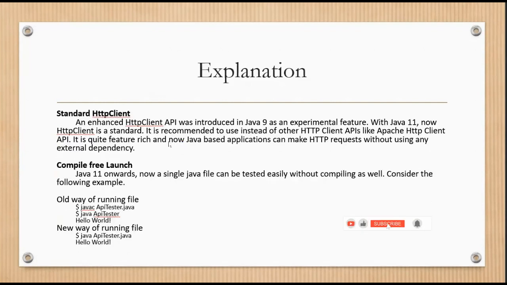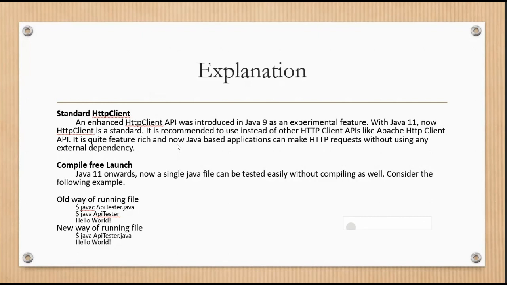What does that mean? There is an API introduced in Java 9, a kind of experimental feature, and later they standardized the HTTP client class in the Java 11 release. It's recommended to use instead of HTTP client APIs like Apache HTTP client API.